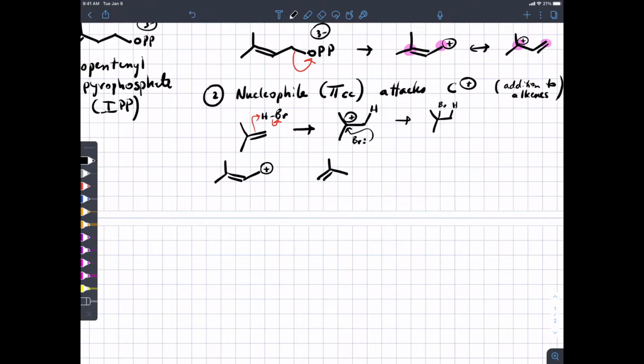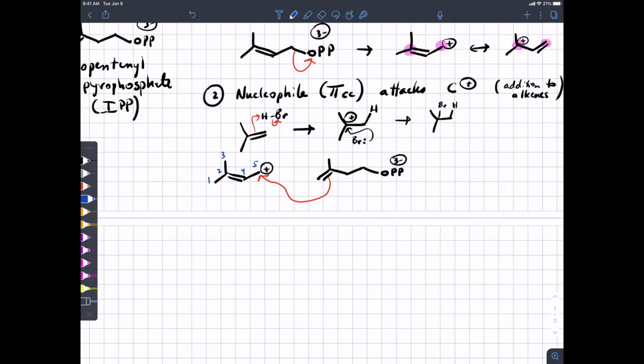Here is the alkene from isopentenyl pyrophosphate. And what we're going to do is show the pi electrons from that carbon-carbon pi bond attacking carbon 5 of my carbocation.